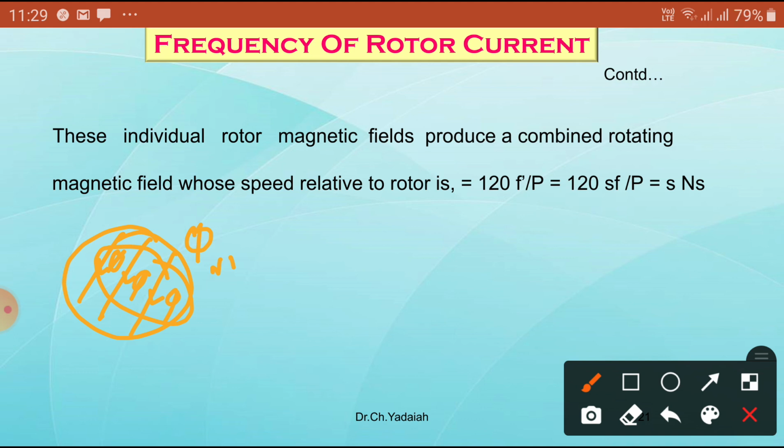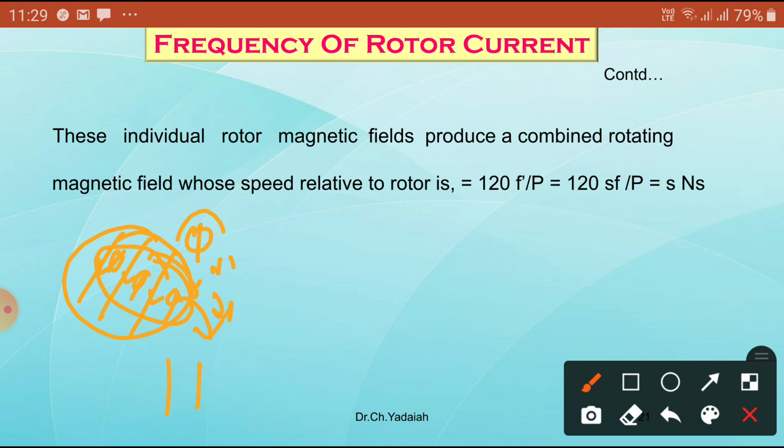Now I want to know its speed, because this is also rotating in a magnetic field. So I want to know the speed of this rotor magnetic field relative to the rotor.